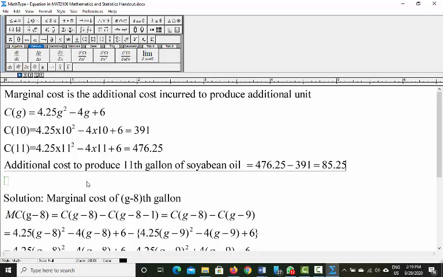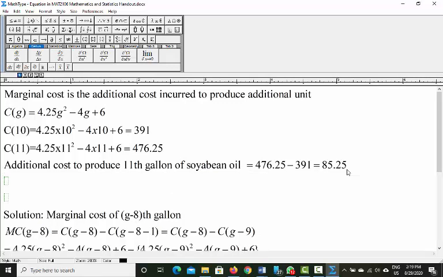So this is the additional cost to produce the 11th gallon of soybean oil. If you want to produce the 11th gallon, it will cost you this much taka. That is the marginal cost.